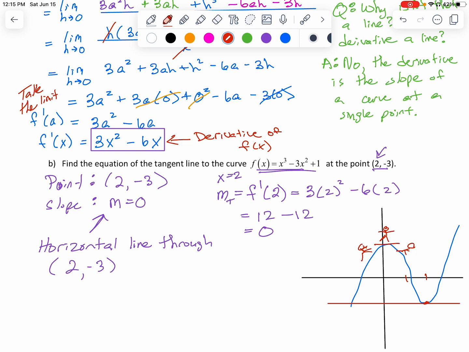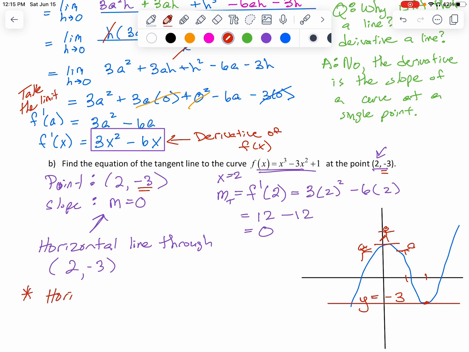So this is a horizontal line through the point 2, negative 3, which means our tangent line, the equation of a horizontal line, is always in terms of y, because x could be anything on that red line. So it's always in terms of that y, that negative 3. So this equation is y equals negative 3. It's a horizontal tangent line.